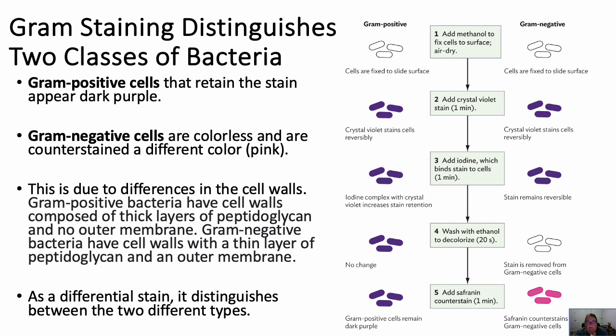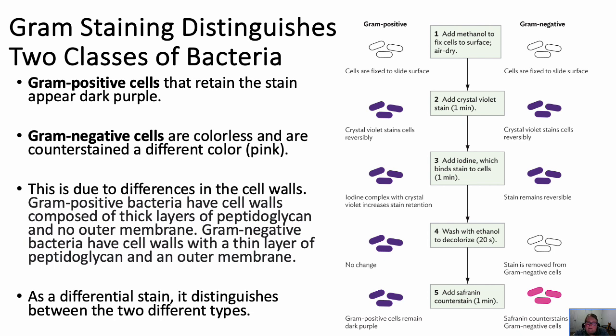Now, when we talk about cell walls, we think about plant cells first, and the plant cells are going to be made up of the polysaccharide cellulose. Now, bacterial cell walls are made up of a polysaccharide, but it's not cellulose. It's actually called peptidoglycan. Okay, so the difference between gram-positives and gram-negatives is how much peptidoglycan each cell has.